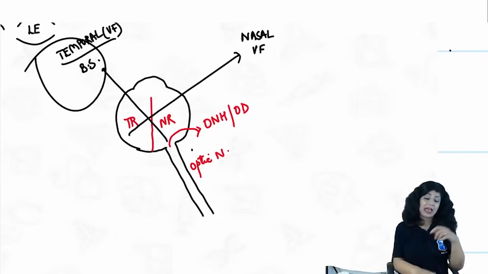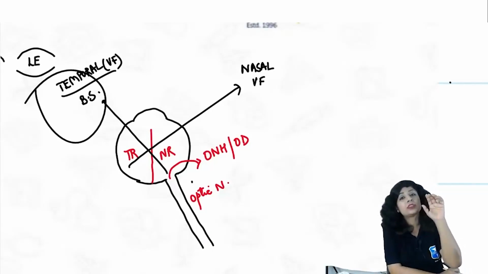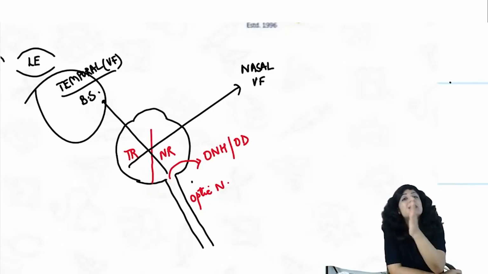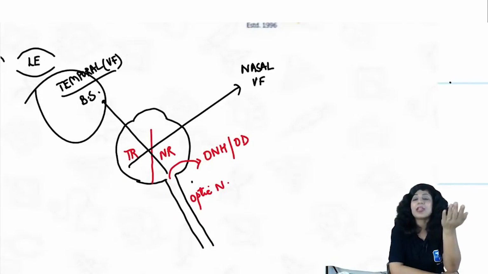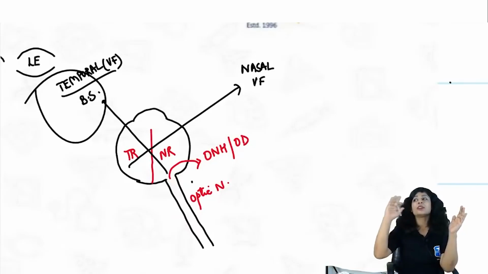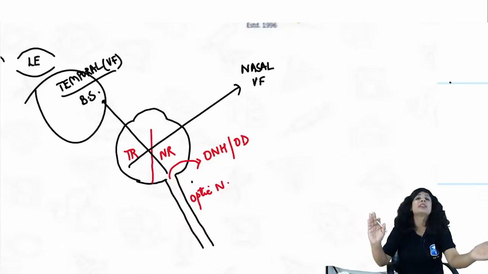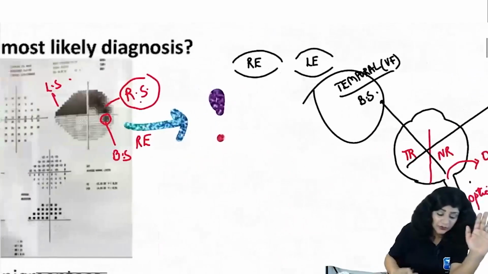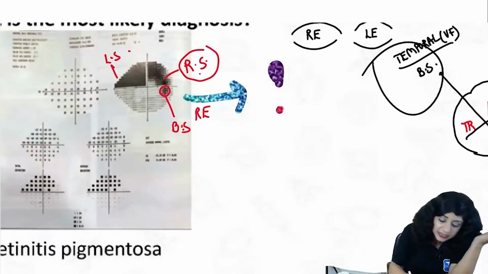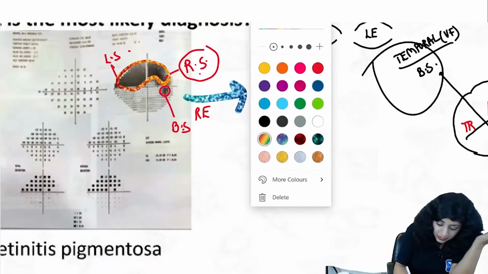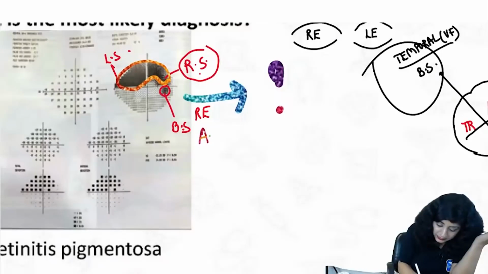So if I am having the blind spot on the right side, then that will be the right eye. If I am having a blind spot towards the left side, that will be the left eye, because the right eye's temporal is on the right side, the left eye's temporal is on the left side. Okay? So very easily you can find out which side eye it is. Now what is the pattern you are getting? You are getting something like this. Can you see? This is an arcuate scotoma. So I am getting here the arcuate scotoma.